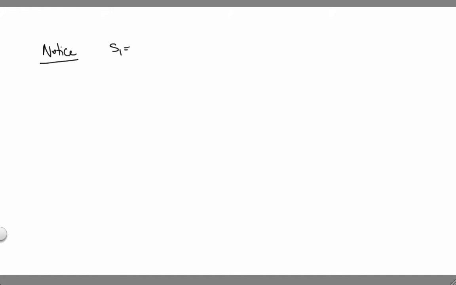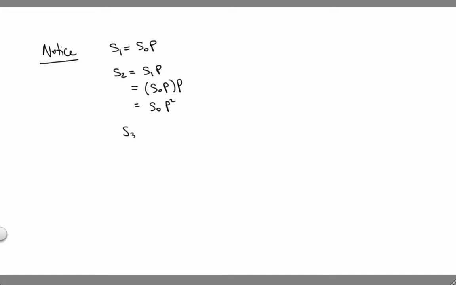So you could say S1 is equal to S0 times P. You could say S2 is equal to S1 times P. That's what we said in our previous screen. But if you now use the fact that S1 is S0P, then you would end up with something like S0P times P. And it would be quicker just to call that S0P squared.